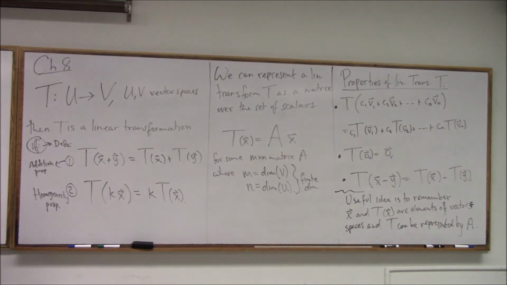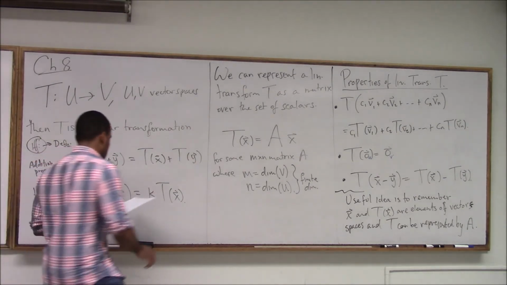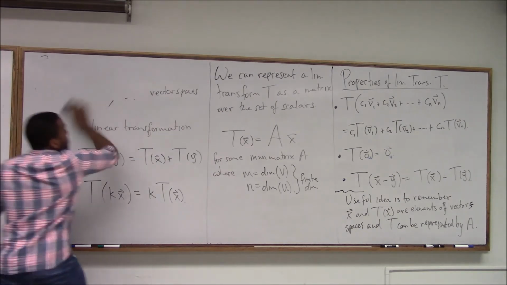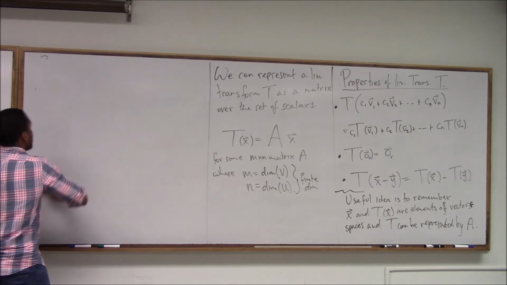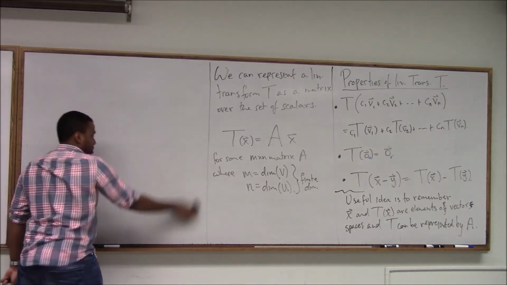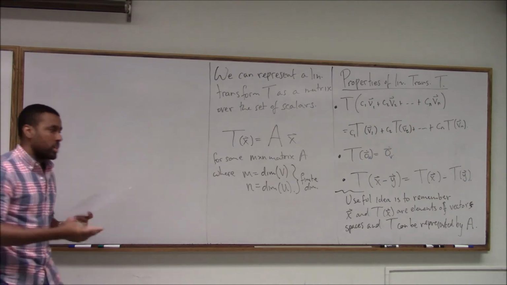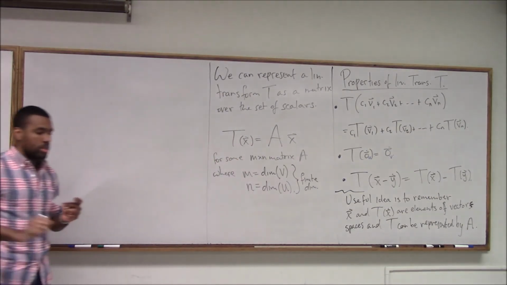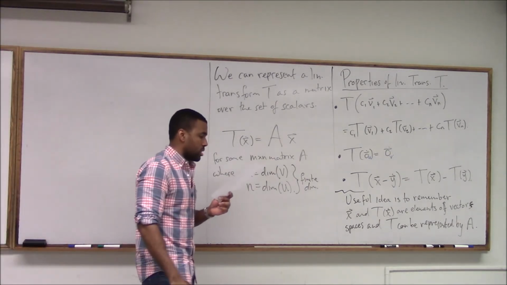A lot of things follow for free, just by having that conceptual bridge between the two. So you can switch to the matrix perspective and switch back to the function perspective, and they're equivalent in a lot of ways.